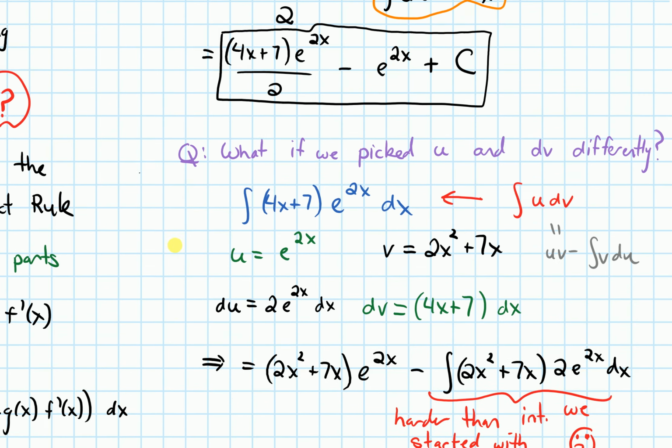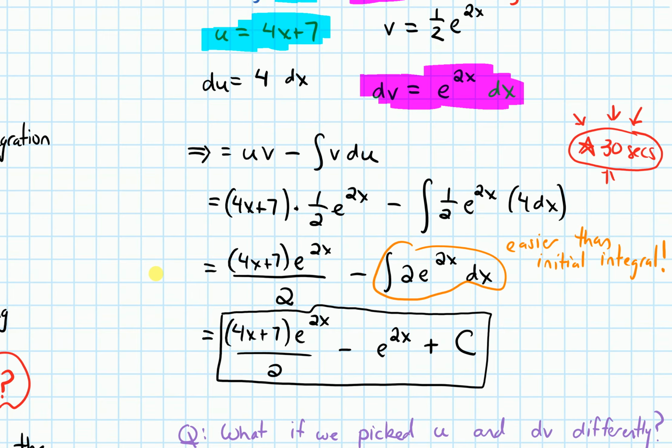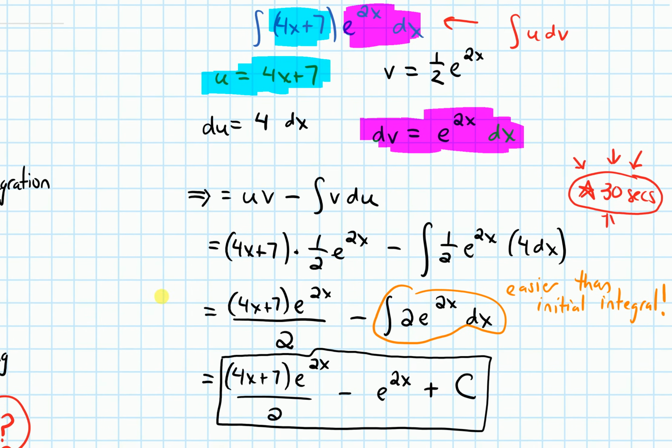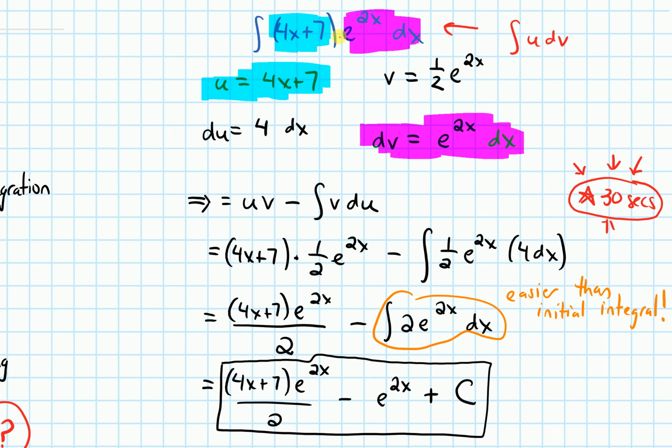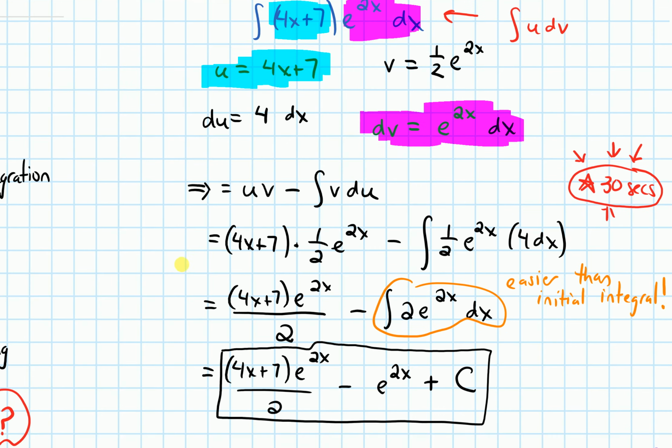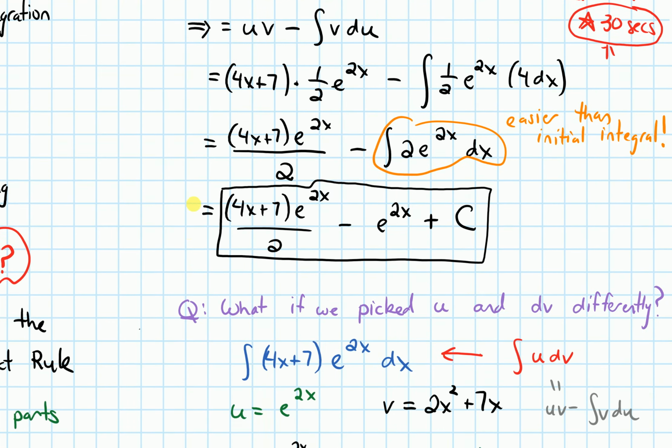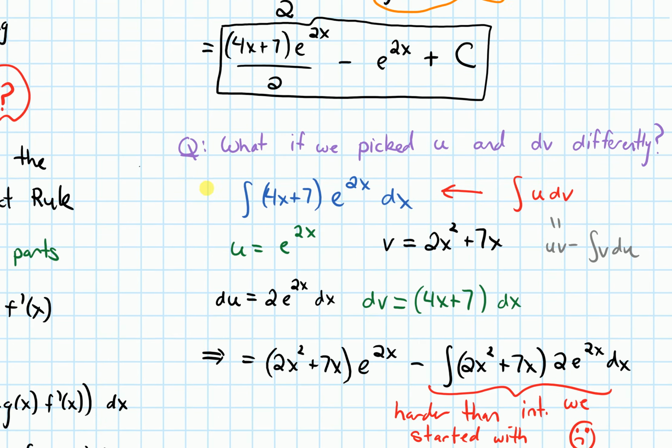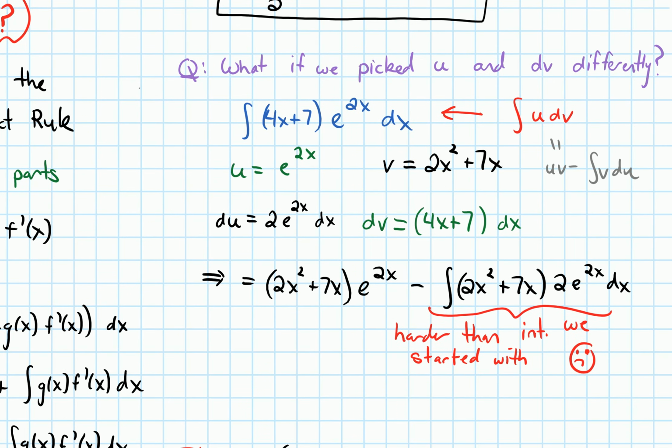Whereas when we did integration by parts above, we let this linear part, the 4x plus 7, be u, and its derivative made it simpler. And that's ultimately what helped us up here. So when we picked u and dv differently, we ended up with something that was harder to evaluate.